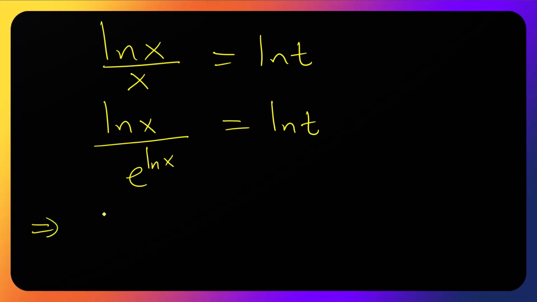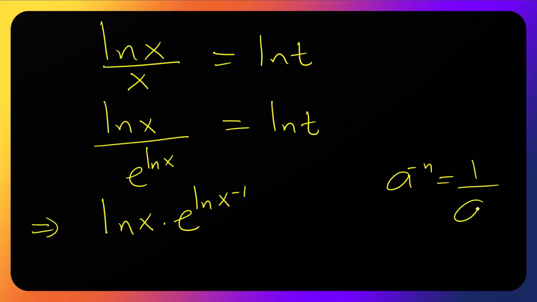Now the next thing is to write this one in linear form. So that will be ln of x times e raised to ln of x to the power minus 1. Just as a to the power minus n is the same as 1 on a to the power n, this equals ln of t. Okay, so what we are going to do here is work towards this form.